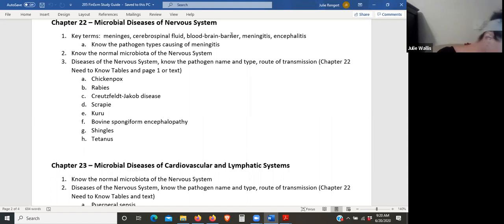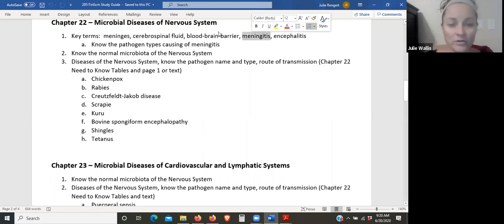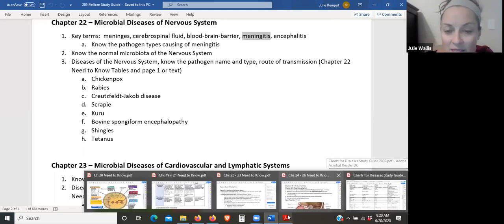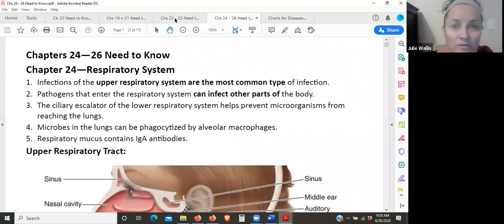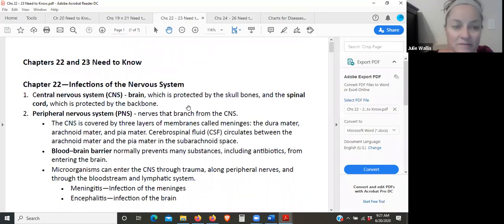Oh, here it is: the causes of meningitis. There are too many to include in the diseases chart, so that's not in the diseases chart. Where you need to find that is in the chapter 22 to 23 need to know document, where you have the infections of the nervous system.